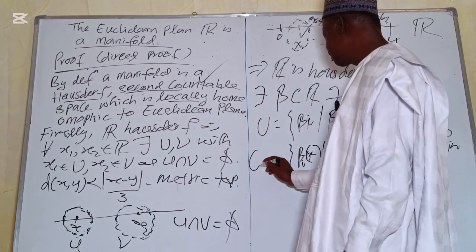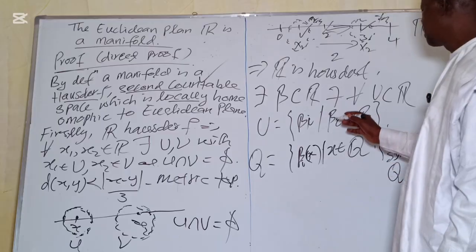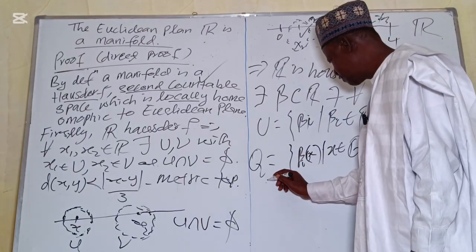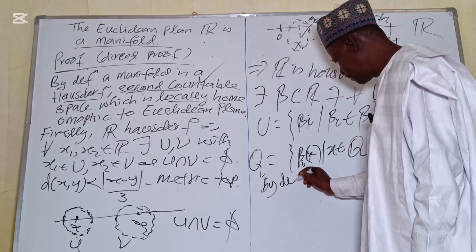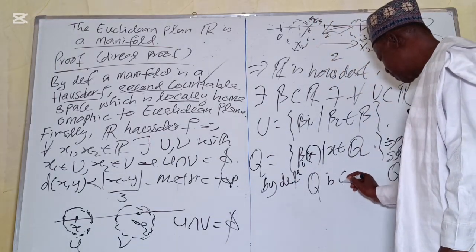So Q is what indexes your basis, and you know that Q, the set of rational numbers, is countable by definition.